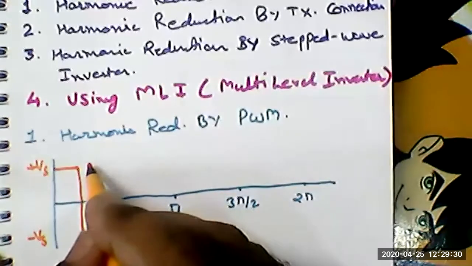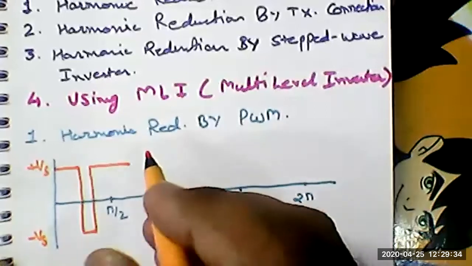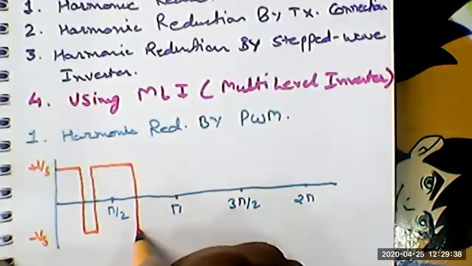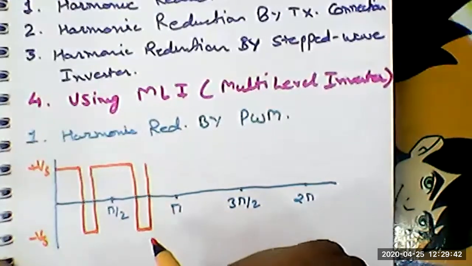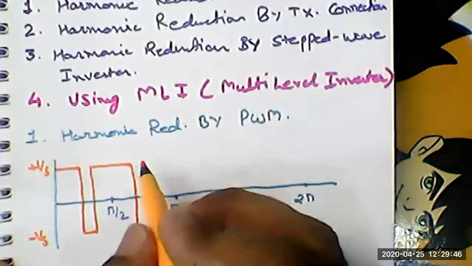Then again plus Vs, then again we have minus Vs, then again we have minus Vs, right?